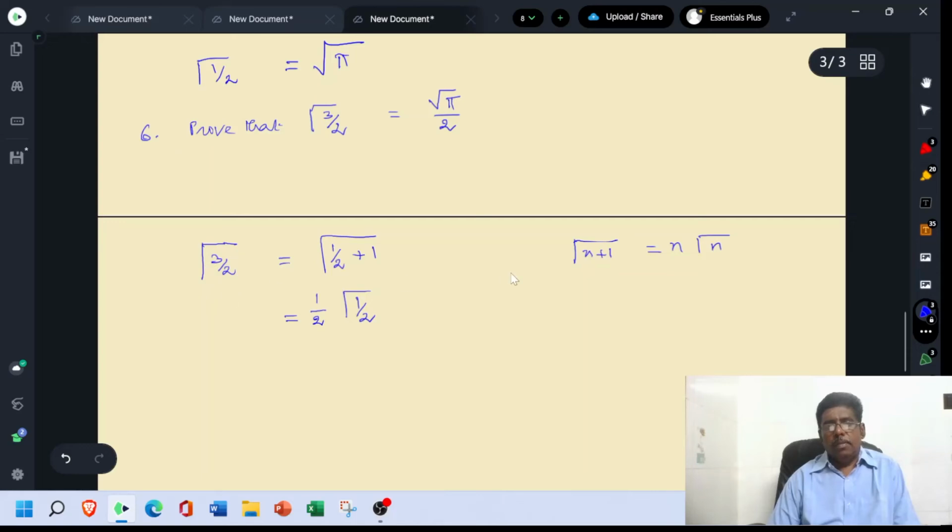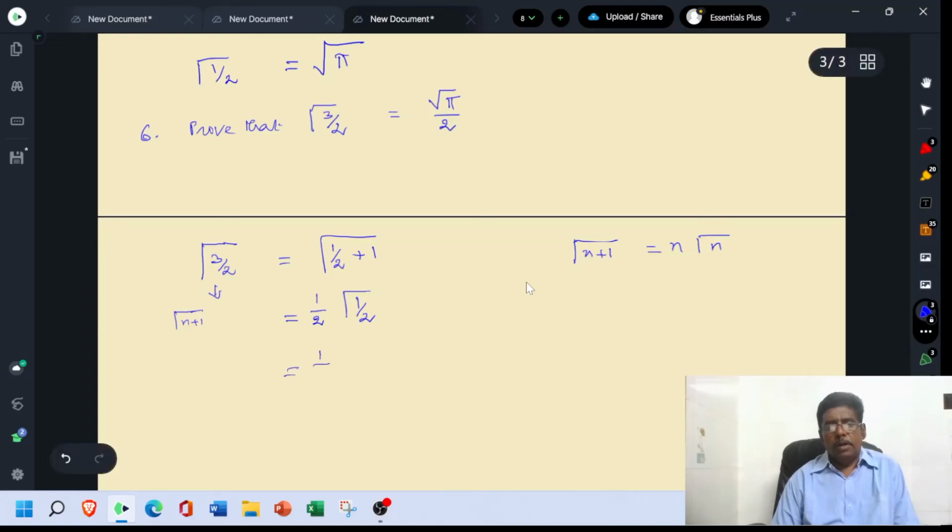This is gamma of n plus 1, which is equal to n gamma n. Here the value of n is 1 by 2.